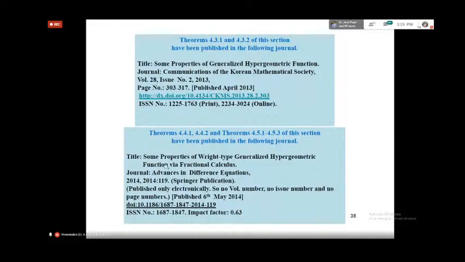And I published part of this theorem in the Korean Journal of the Mathematical Society. And this is for 4.4.1, 4.4.2. This is all 4.5.1 to 5.3. The section has been published in the following journal, that is your advancing in the differentiation.